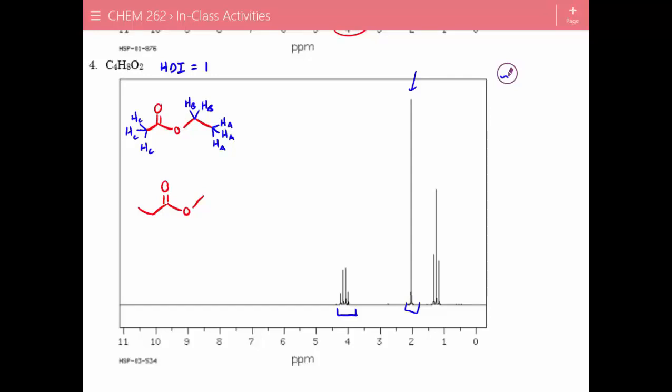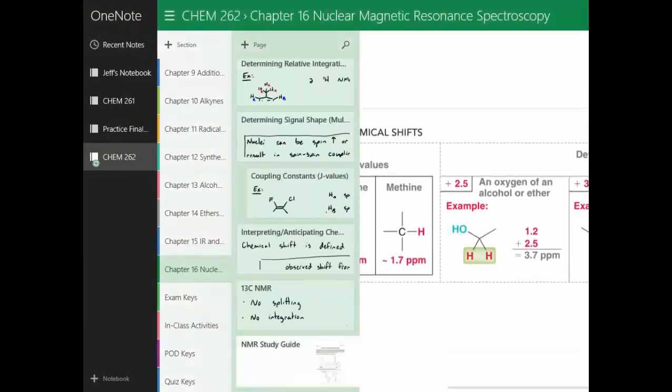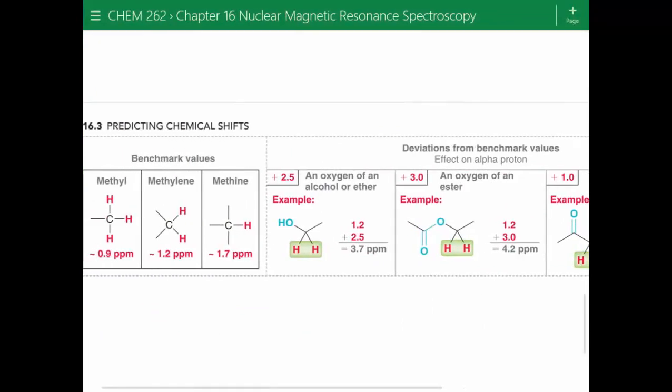If we look at the protons for HC, they have no 3-bond neighbors, which could correspond to the singlet right around 2 ppm. And another good way of checking is these are protons attached to a carbon directly next to a ketone. So if we pull up our table, we can ask where they show up typically if we're next to a ketone.